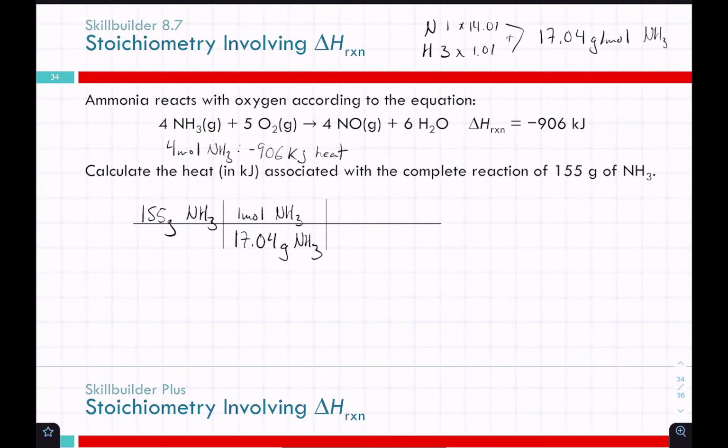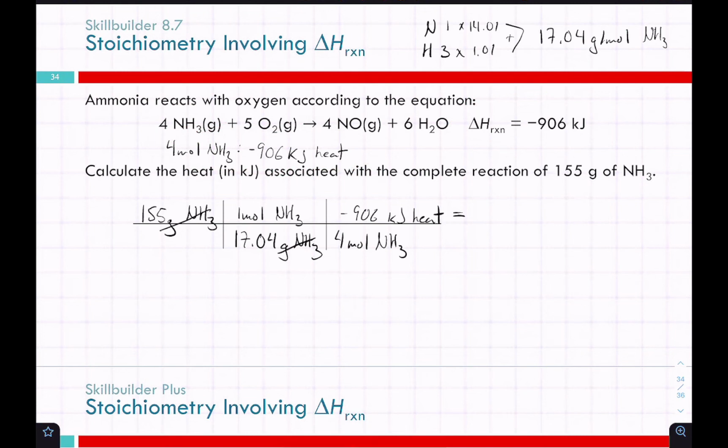And then because we have moles of NH3 and we have delta H and moles of NH3 in our reaction, we can figure out what that ratio is, which I've already written down. So if I put 4 moles of ammonia on the bottom and negative 906 kilojoules of heat on top, right?